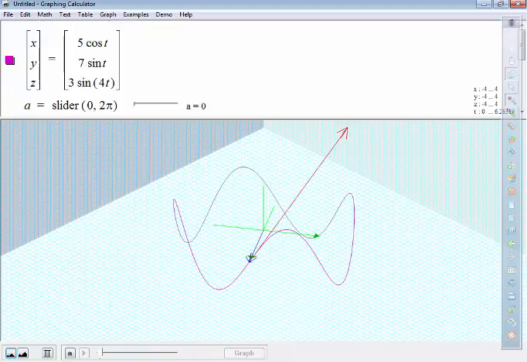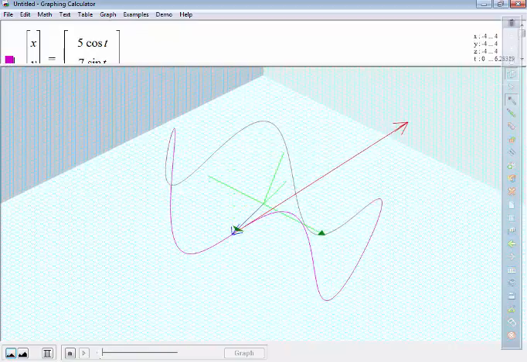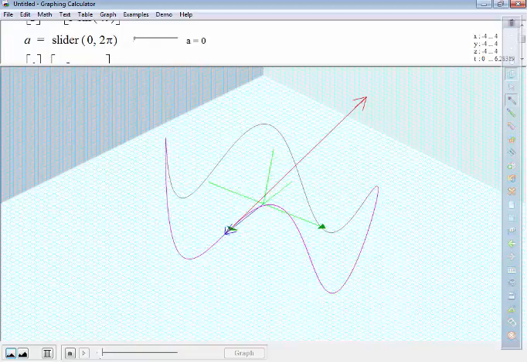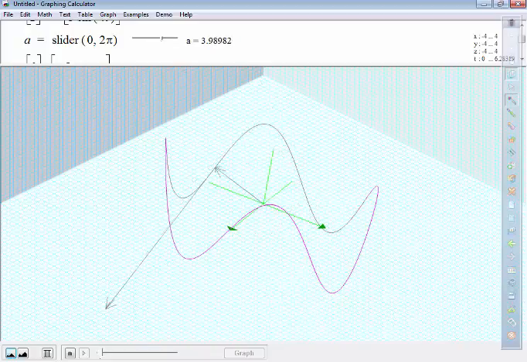So now if I move my slider around, I'll see that as I move around my curve, my velocity vector is always going to be tangent to that curve. Okay?